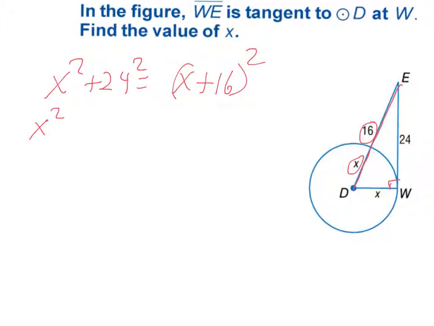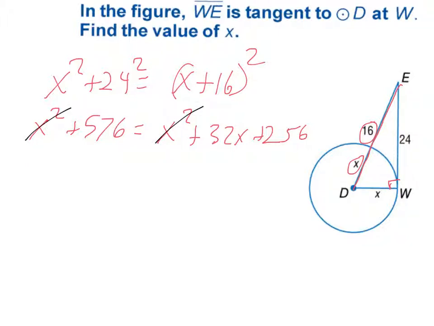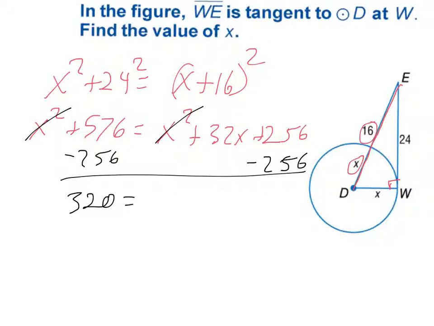So we have x squared plus 576 equals, when I FOIL that out, x squared plus 32x plus 256. My x squareds cancel out when I subtract them, and I can subtract 256 from both sides, leaving me with 320 equals 32x.